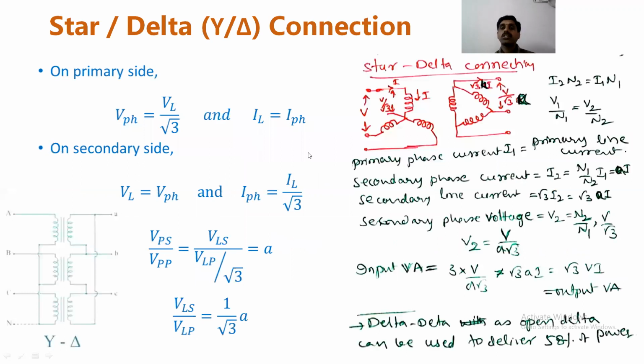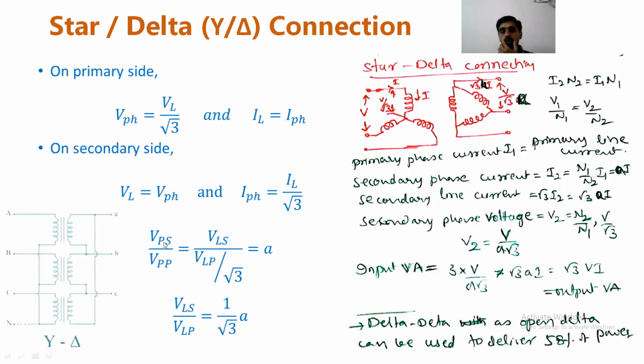Coming to star-delta connection, next we are going to discuss star-delta and delta-star transformers. If you observe, this is star connection, the primary side star connected with the neutral, and the secondary side delta connected like this. On the primary side, phase voltage is equal to 1/√3 times the line voltage, and line current equals phase current. On the secondary side, line voltage is equal to phase voltage, but phase current equals 1/√3 times line current.